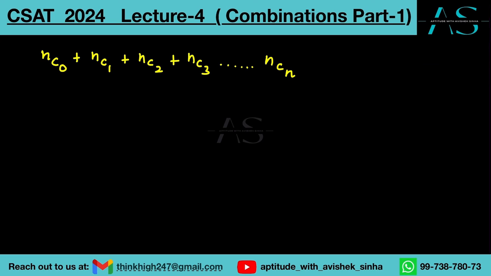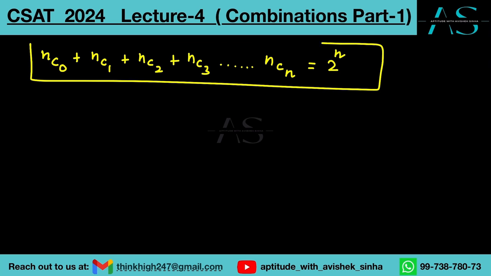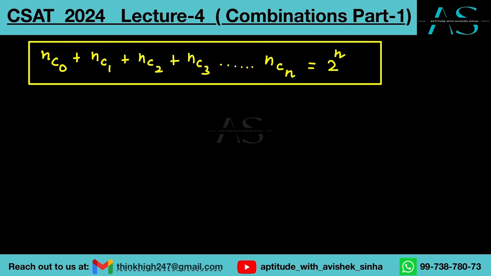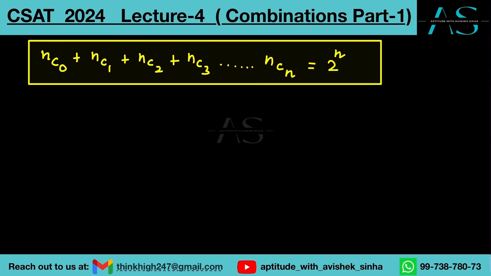If we are adding all of this, then the solution is simply 2 to the power n. Very important formula for combination. The summation is equivalent to 2 to the power n.